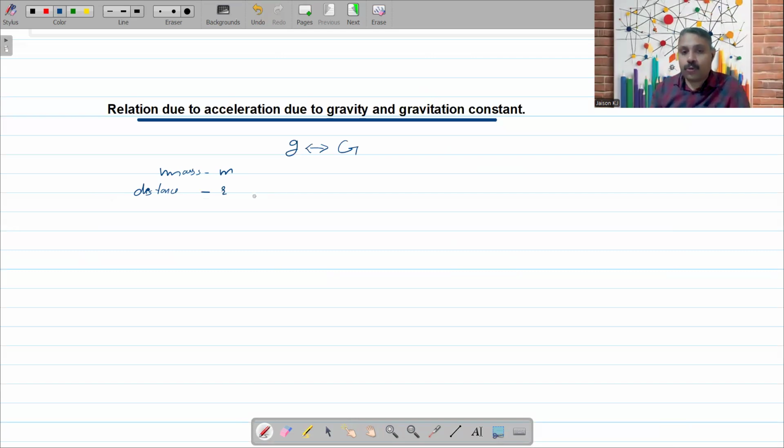So according to Newton's law of gravitation, we already learned the universal law of gravitation, right? According to the universal law of gravitation, consider the force experienced between the earth and this object. Just imagine here is our earth, the spherical shape of earth. So the object is here, from the center to the object.